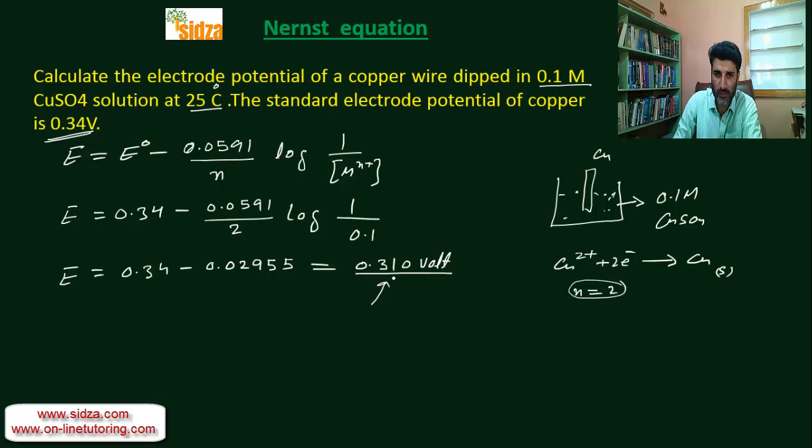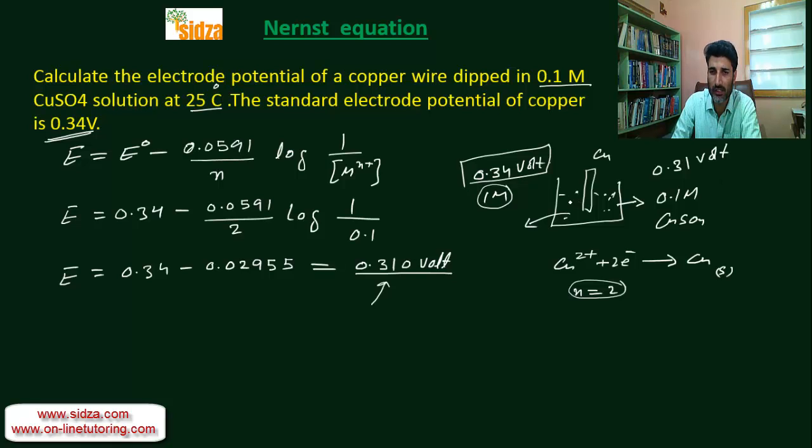So the electrode potential decreases by decreasing the concentration, because at 1 molar, under standard conditions, the electrode potential is 0.34, but at 0.1 molar the electrode potential is only 0.31 volts. So decreasing the concentration of the metal ion will decrease the electrode potential.